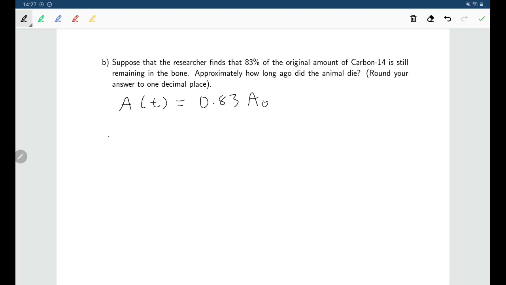So using our formula, we know A(t) is A0 e to the growth constant, or decay constant in this case, natural log of a half over 5,730 times t. And we know that the amount that we have is 0.83 times our initial amount.